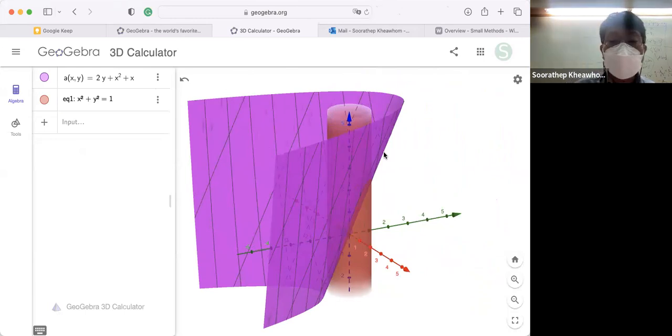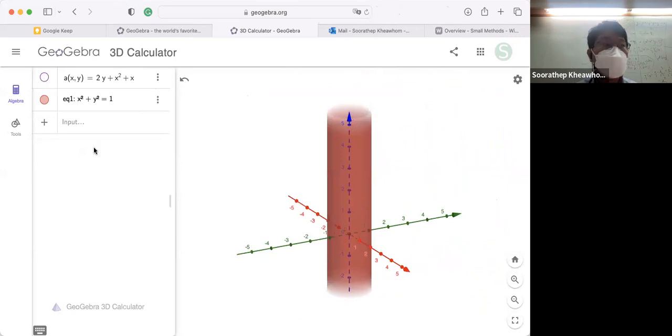All right, the first one is I show you our equality constraint first. For our equality constraint, x squared plus y squared equal 1, you can recognize this function, it's a circle, right?